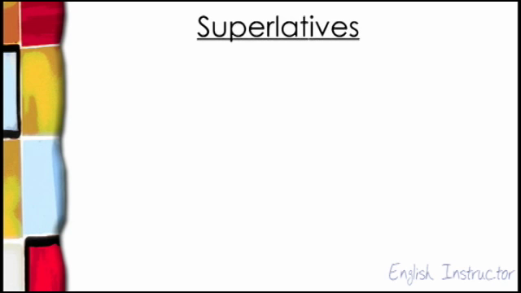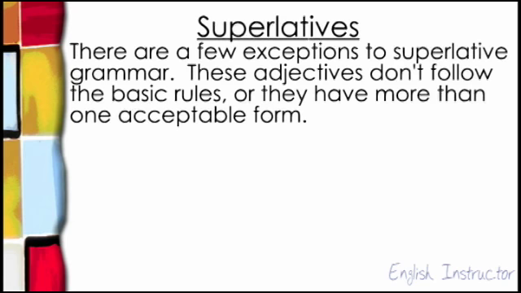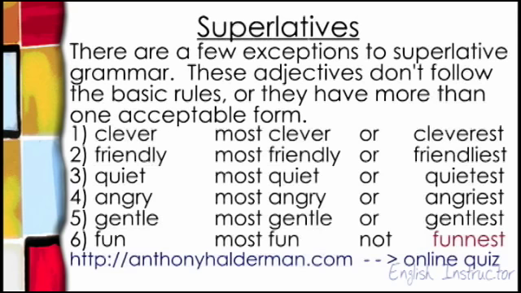As with many grammatical rules, there are often a few exceptions. Superlatives are no different. There are a few exceptions to superlative grammar. These adjectives don't follow the basic rules, or they have more than one acceptable form. Let's look at a few examples. For the adjectives clever, friendly, quiet, angry, and gentle, we can use most or est.